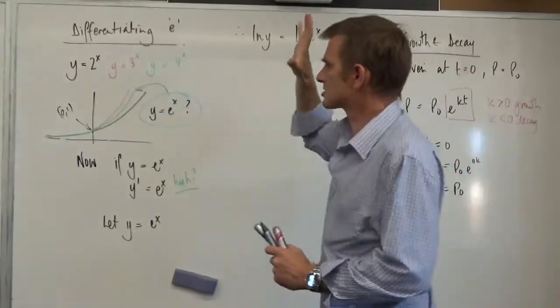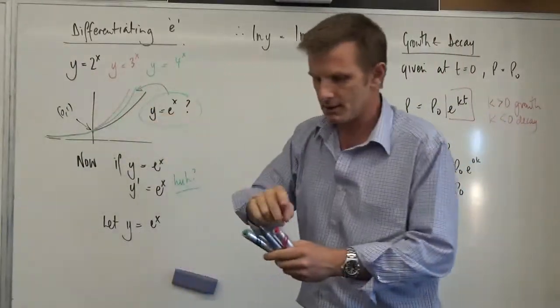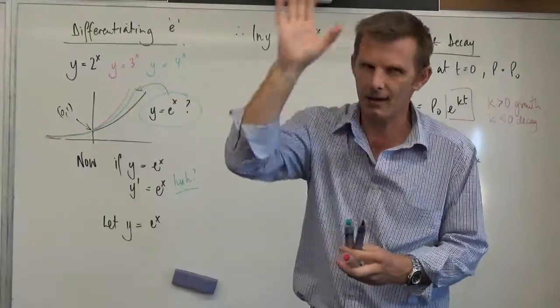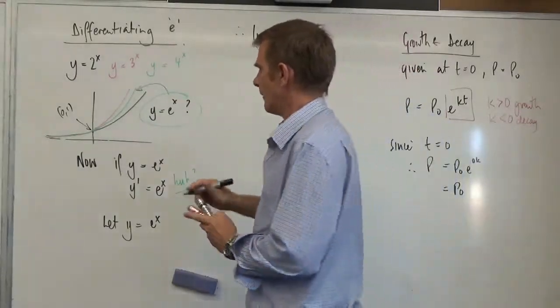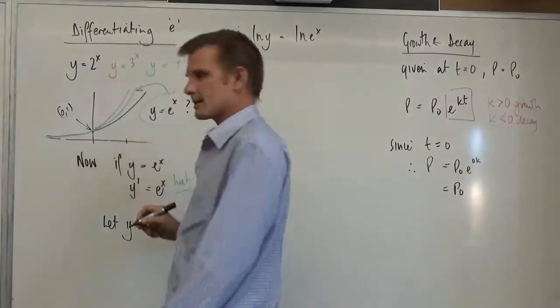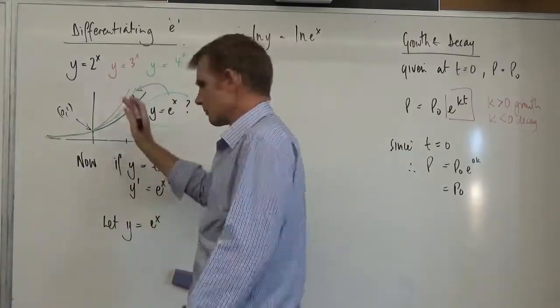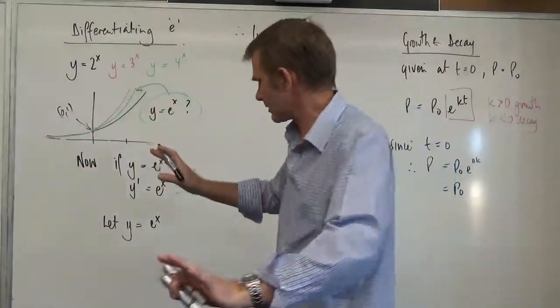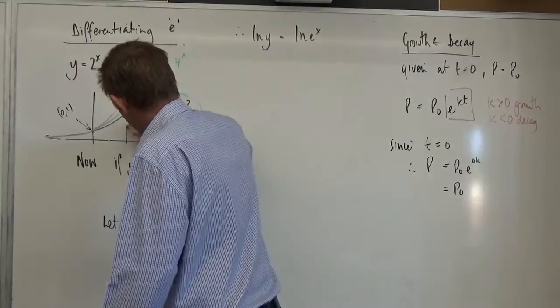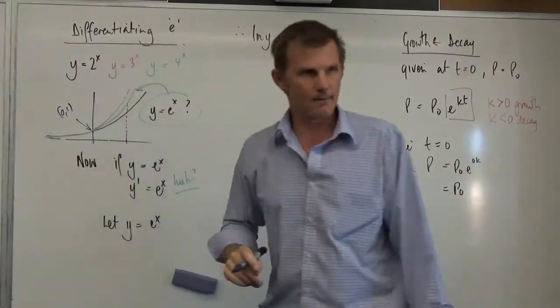Now the thing that is special about e to the x is this, and this is a key thing. If you don't pick up anything else from this video, pick this bit up. If I choose any x value, doesn't matter which one it is, I'm not even going to label it with a number, any x value. And I come on up to the graph there.